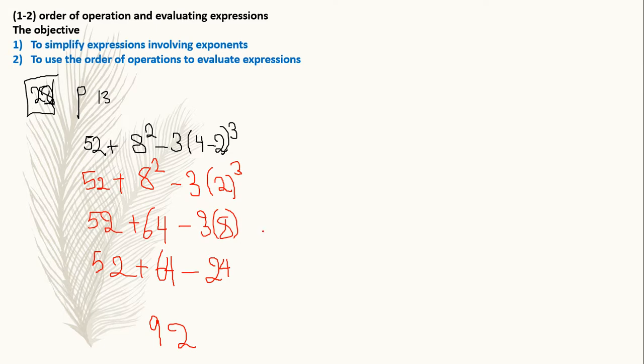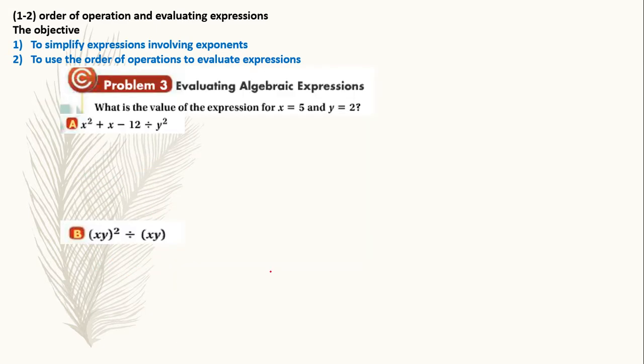Right? Let's move on. Now in this problem, we need to evaluate an algebraic expression. All the idea is just taking the values for each variable, then exchanging them in your expression. So x equals 5, y equals 2.